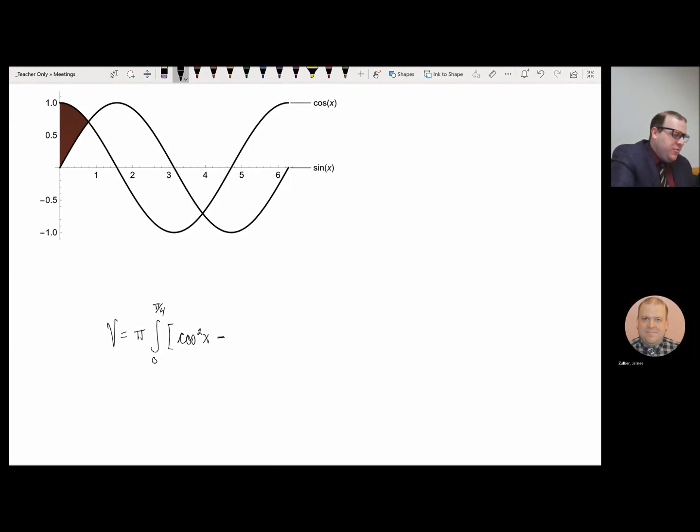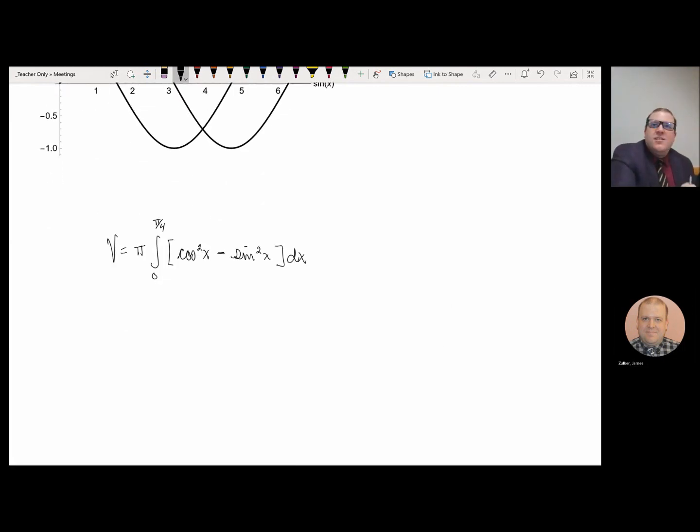Minus the square of the inner radius. Which is what? And now we have to evaluate that. Without a calculator. Without a table.